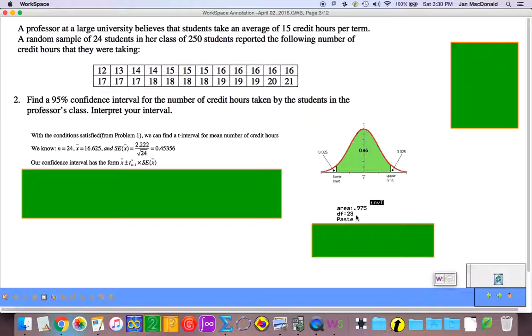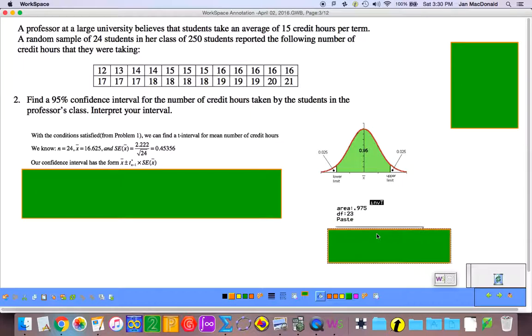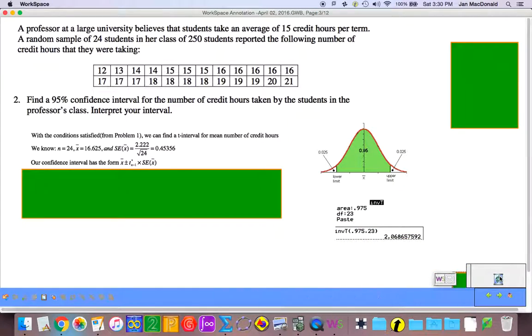Our degrees of freedom is always n minus 1. And when we click enter, our calculator tells us that the critical t value for a 95% confidence interval is roughly 2.069. So that's going to be our critical t value that we're going to plug in.